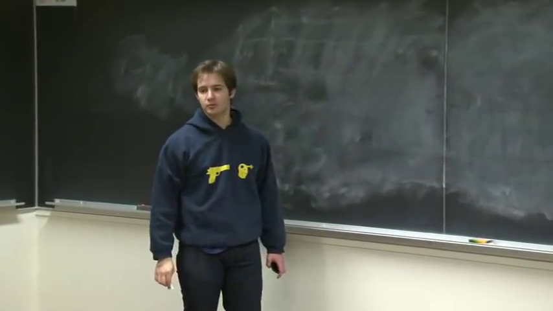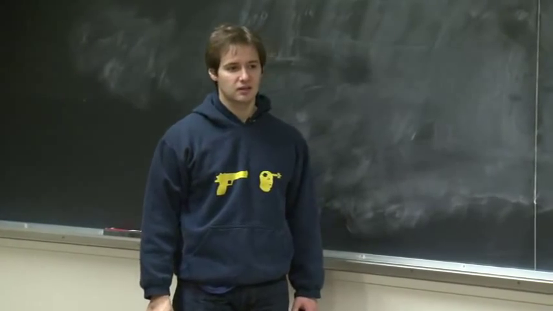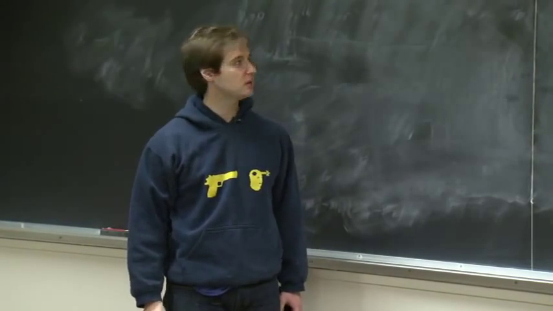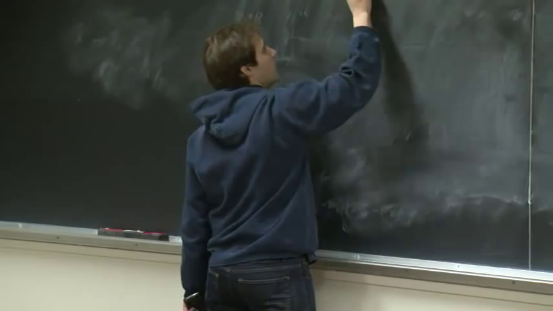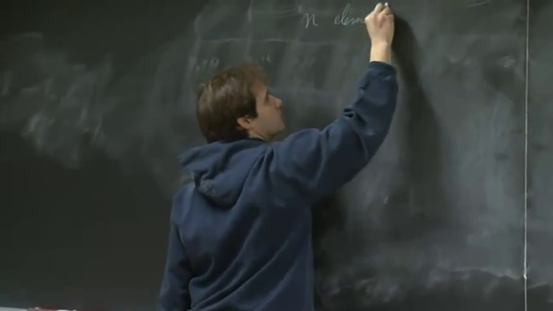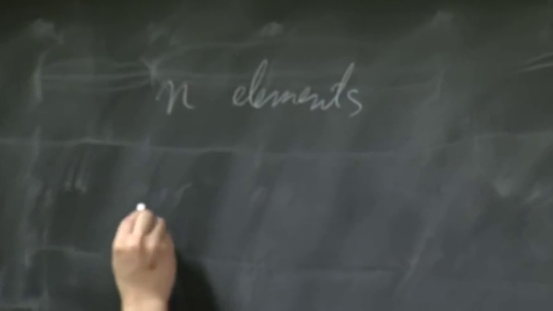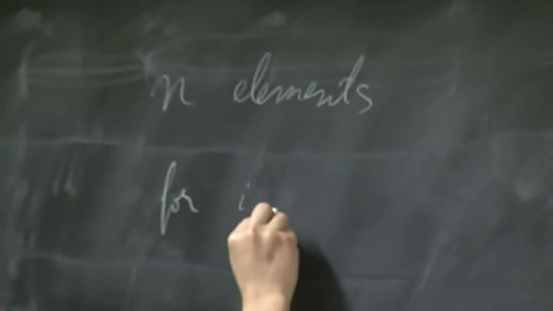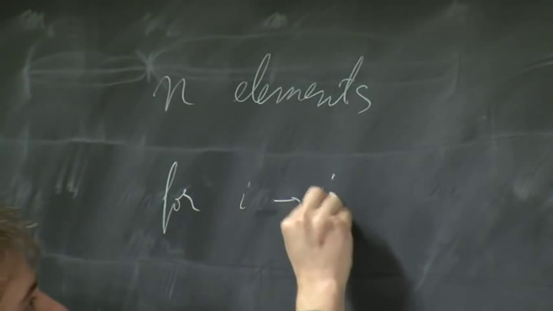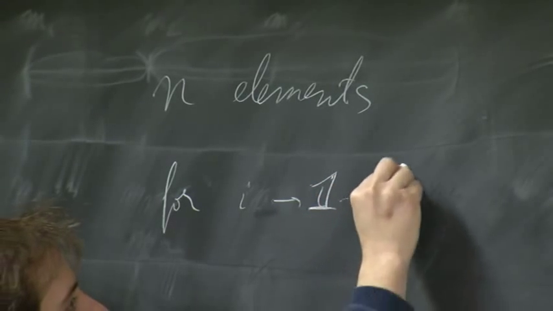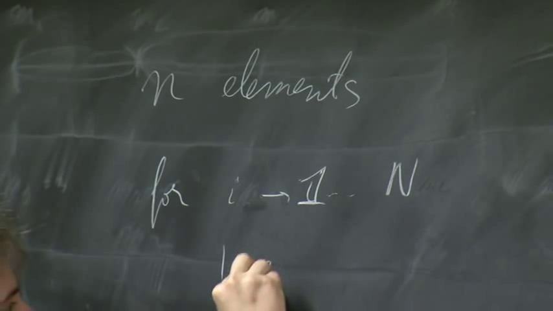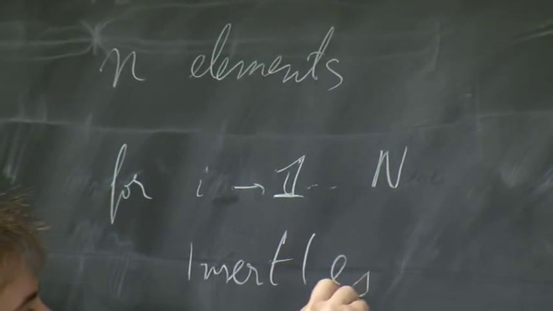So suppose we want to implement a set. The way we're going to implement a set is we have n elements. We're going to put them into the set. So for i goes from 1 through n, we're going to insert element i.